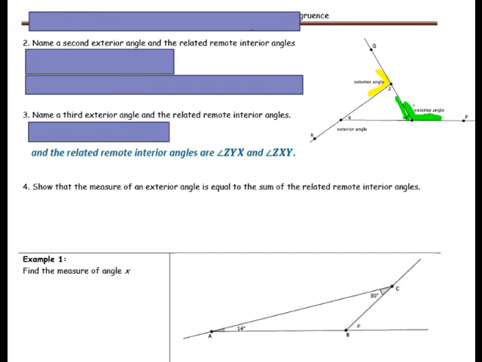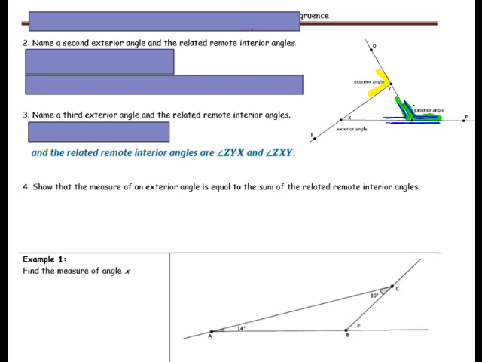So we've got ZYP and XYP. What we have there is the exterior angle and the angle next to it forming a straight line, showing that that is 180 degrees.